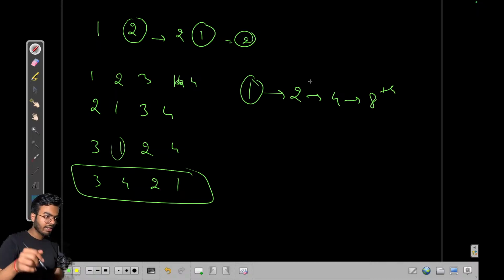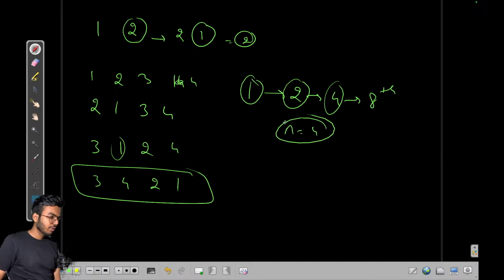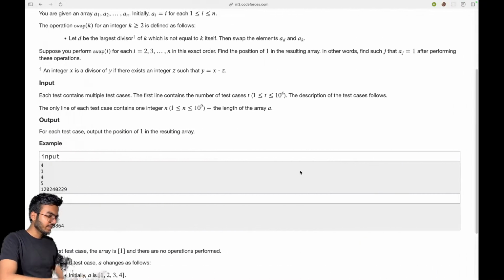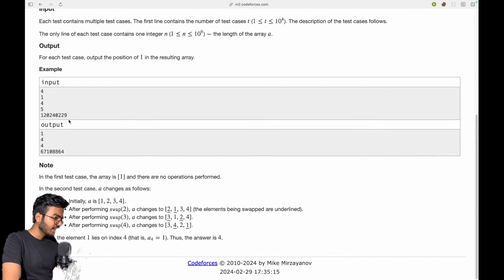So if I had n equals to 2, the answer will be 2. For n equals to 4, the answer is 4. For n equals to 8, the answer is 8. So the answer is the largest power of 2 that is less than or equal to n. I think that is the answer.